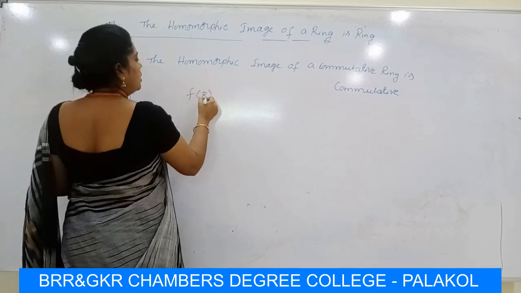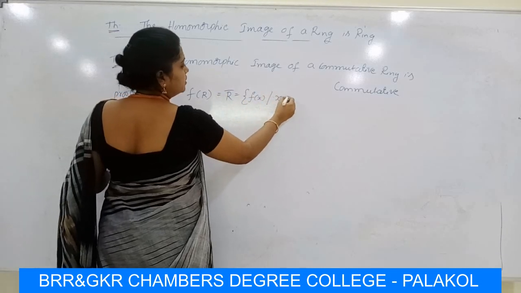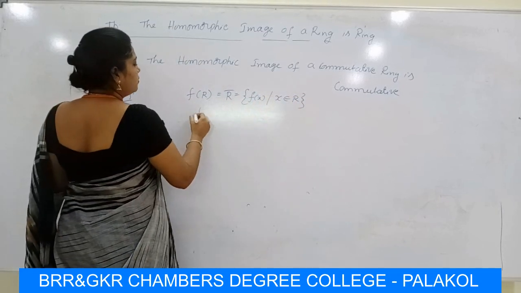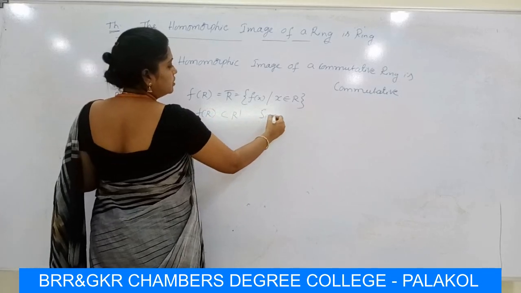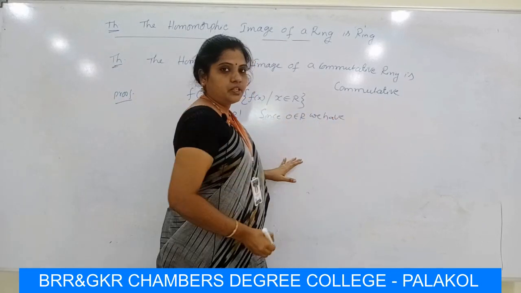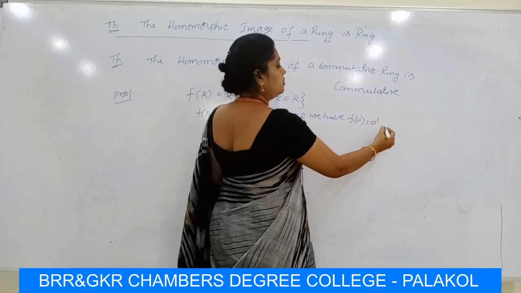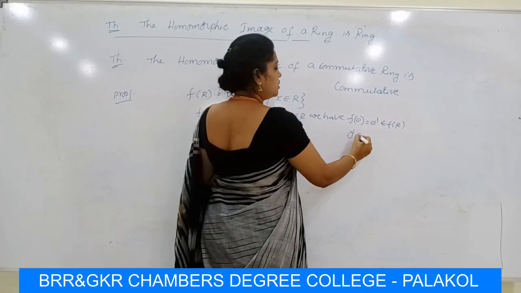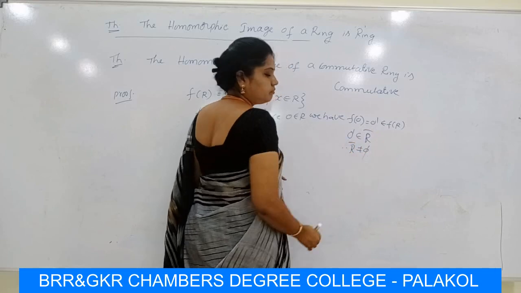F of R is denoted as R bar, which contains F of x such that x belongs to R. It is obviously a subset of R dash, and since 0 belongs to R, we have its F image F of 0 equal to 0 dash belonging to F of R. So 0 dash belongs to R bar, hence R bar is non-empty.